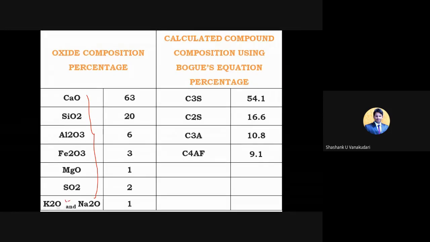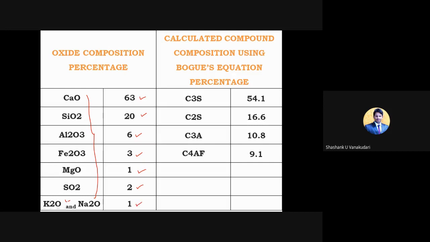Here you can see the calcium oxide which is 63%, and then SiO2 20%, Al2O3 6%, Fe2O3 3%, magnesium oxide 1, SO3 2, and then K2O and Na2O it's 1%.